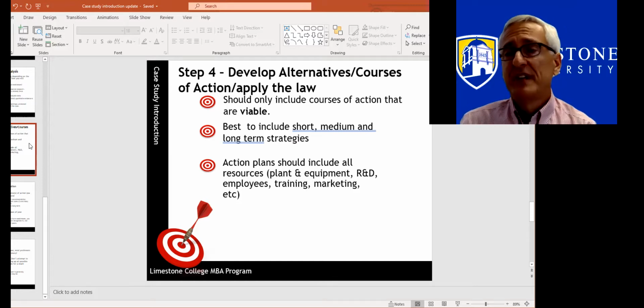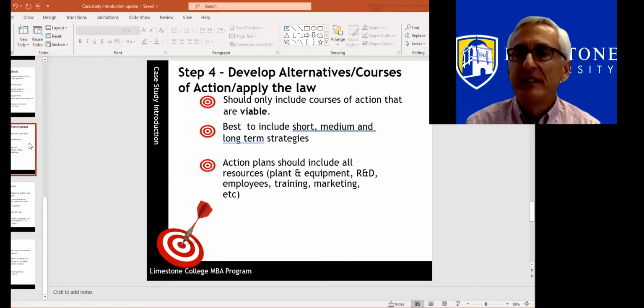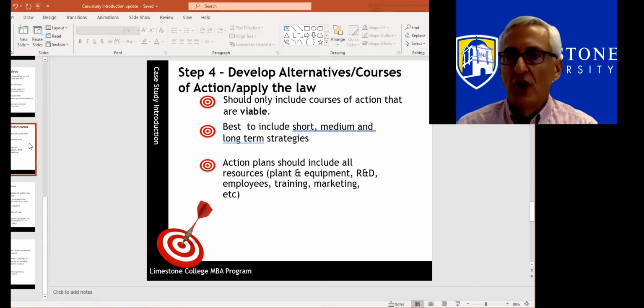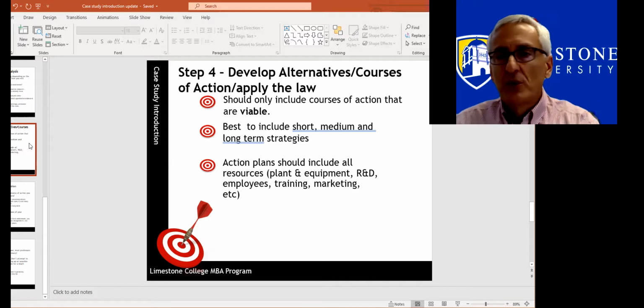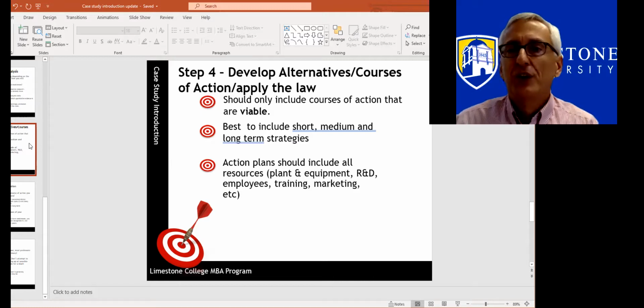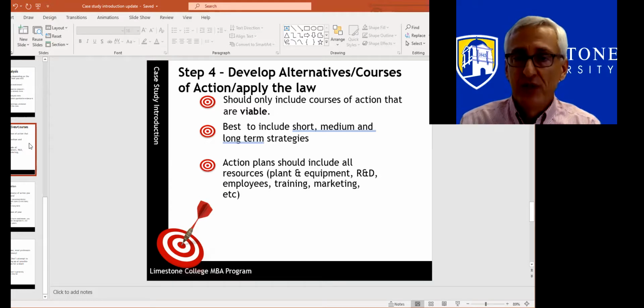I will tell you that the best case studies include an implementation plan that includes all of these things. For example, a short-term one is, hey, if we need a new person to do something, that's relatively short-term. We can hire somebody in the next 3 to 6 months to do that.